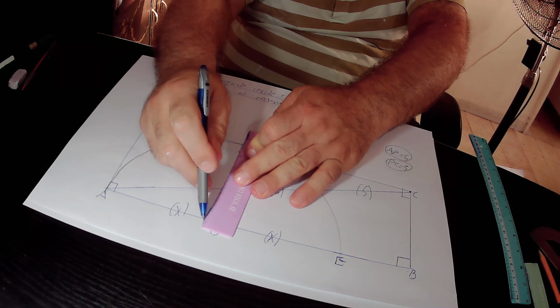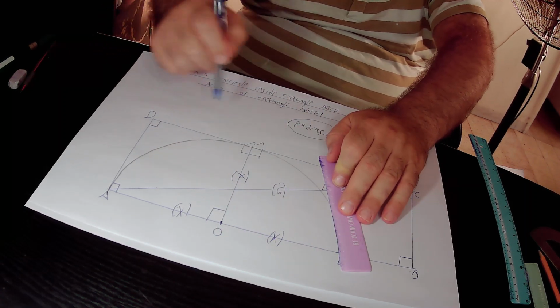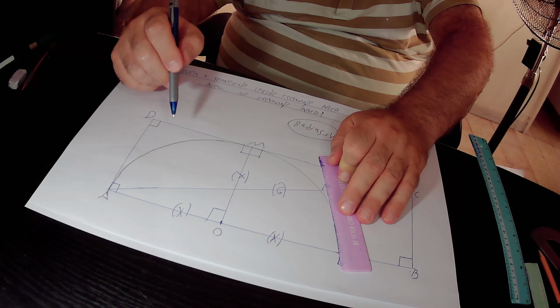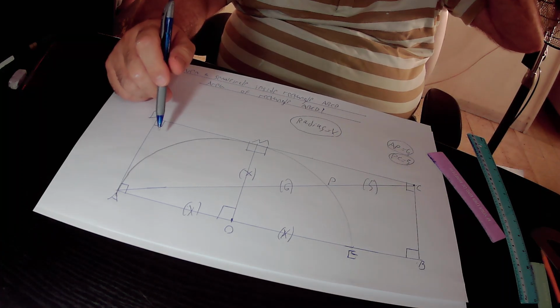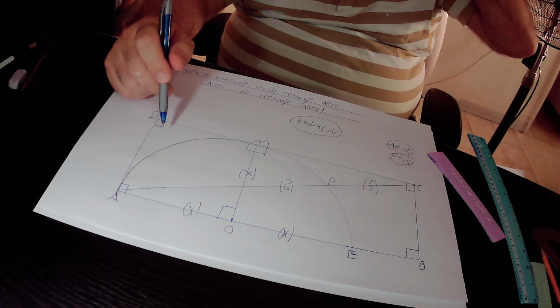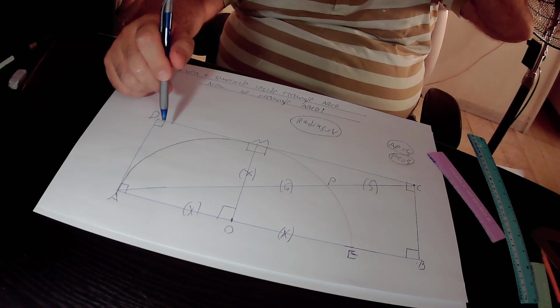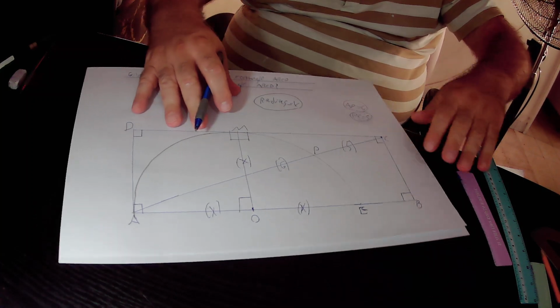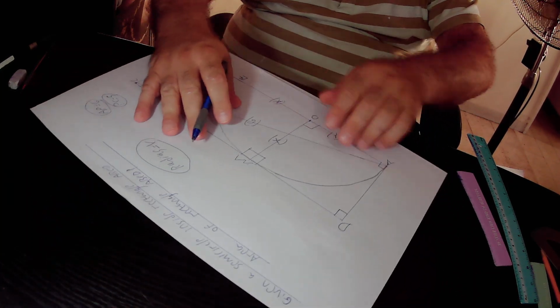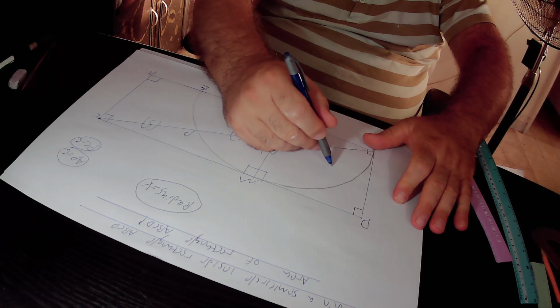So inside quadrilateral MDAO we have 4 right angles, and according to rule 5, any quadrilateral that has 4 right angles must be a rectangle, if not a square. So we refer to this quadrilateral as a rectangle because it has 4 right angles.